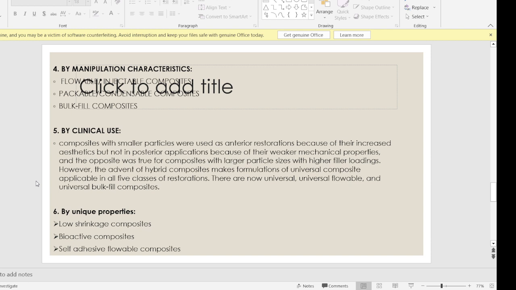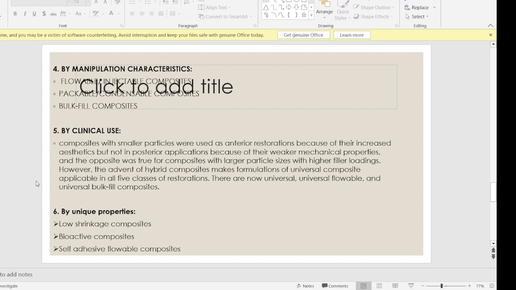The composite with smaller particles is used for anterior restoration. Because the particle size is small and more uniform, aesthetically it shows brighter and more accurate results for the anterior teeth. That's why it's used for the anterior or aesthetic teeth. But we can't use such material for posterior tooth application because of its mechanical property.